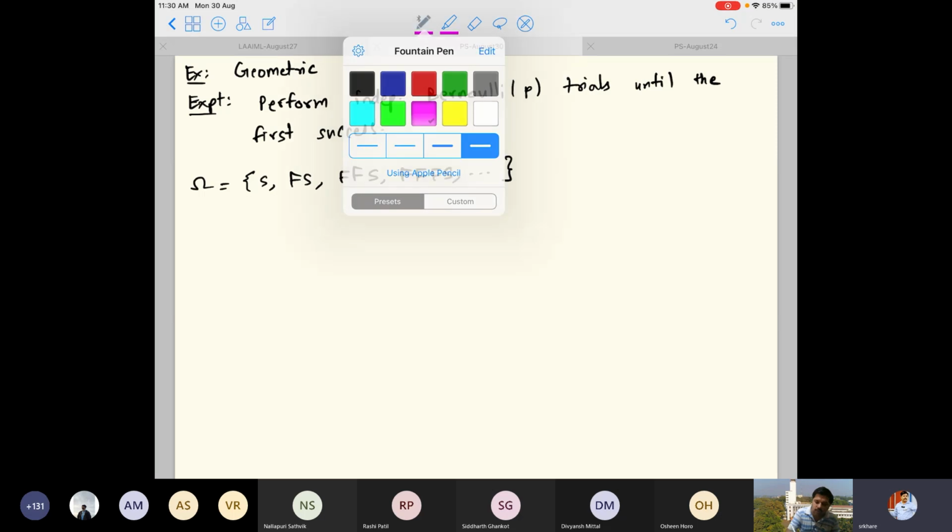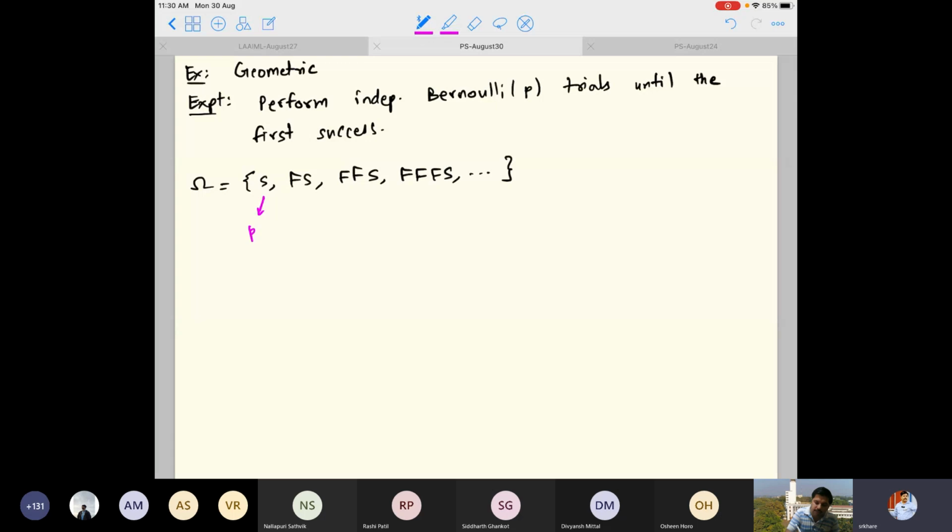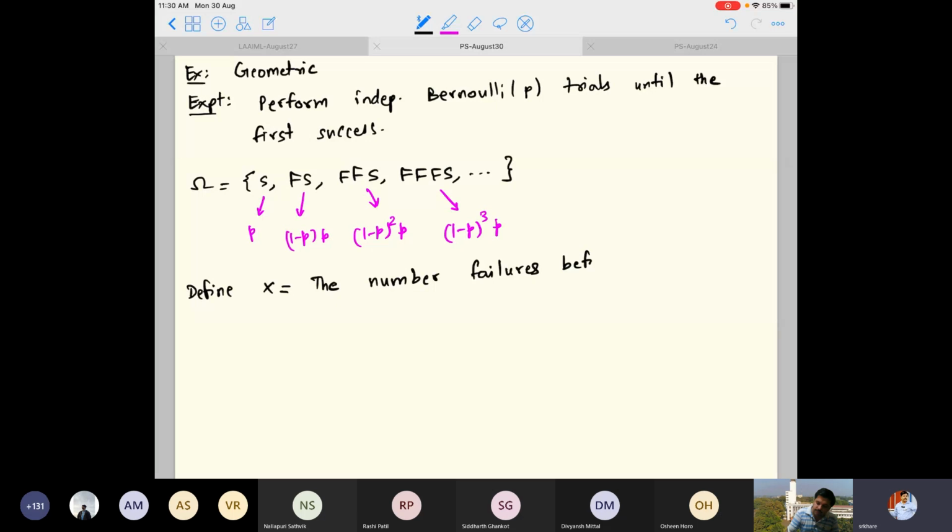The probability is P here, 1 minus P into P here, then 1 minus P squared into P, then 1 minus P cubed into P, right? So these are the probabilities for these singleton sets. So I define the random variable X in this particular case. What is the random variable X? The number of failures before the first success.